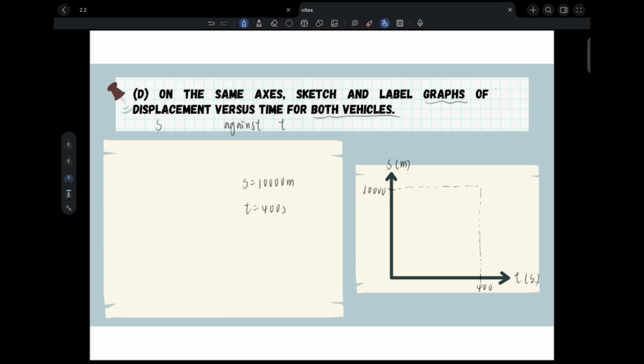Then it said both vehicles, which include the drunken motorist and the police car. And we know that the police car has undergone acceleration while the drunken motorist is traveling at constant velocity. So the line for the motorist will be a straight line, and the curve for the police patrol car.